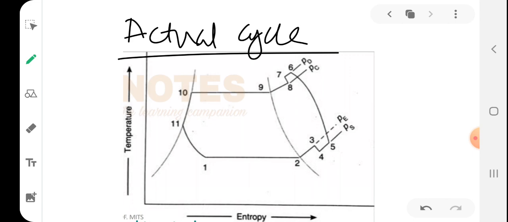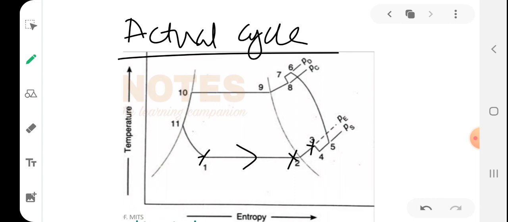You can see here, the process 1 to 2 is nothing but what? The process 1 to 2 shows the flow of refrigerant in the evaporator. Point 1 represents the entry and point 3 the exit of refrigerant from the evaporator.